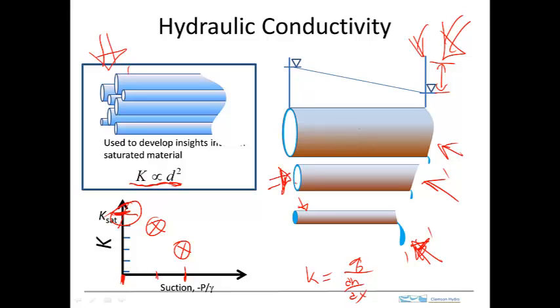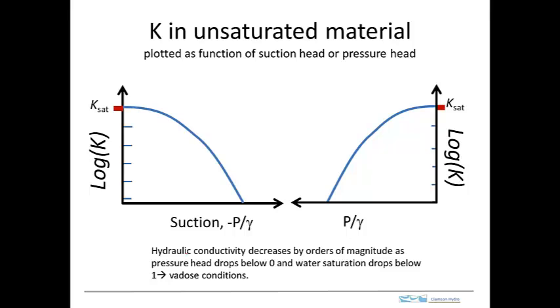Alright, so what that does is it gives us a picture of hydraulic conductivity as a function of suction that is varying like this. So it's decreasing with suction. And if we take a look at some plots of that, if we were to carry out this experiment and get a variety of points and plot it up, we would see that the curve looks something like this.